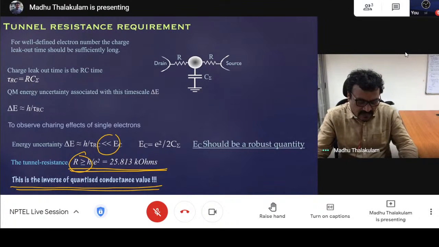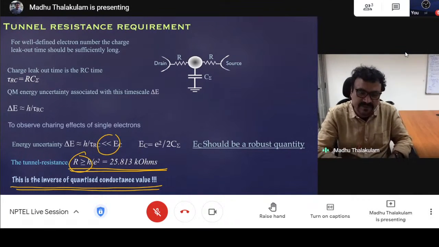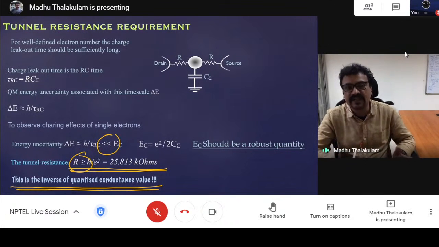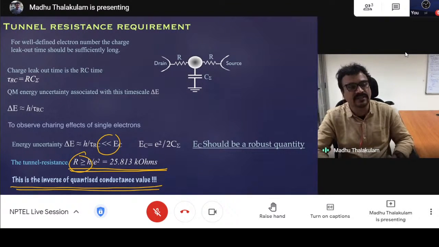So this fundamental constant came out magically just from the very simple assumption of the uncertainty relation connecting the energy uncertainty and this classical electrostatic charging time, the RC time constant.